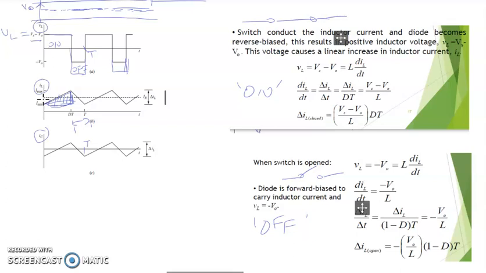So the dt now is 1 minus D. Just now dt is here.